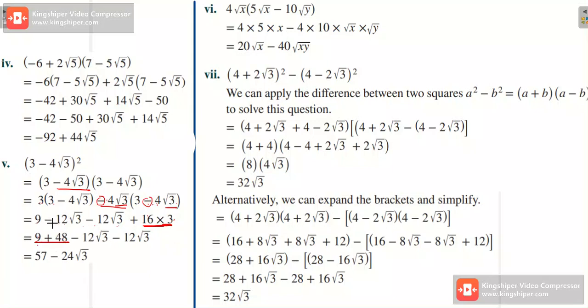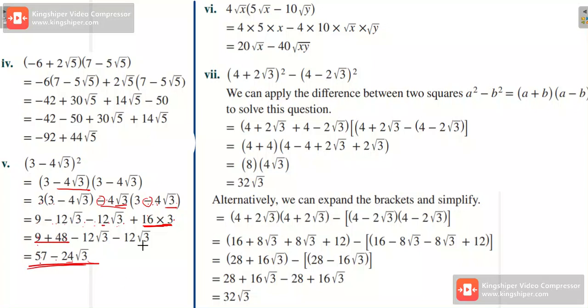Then we have negative 12 root 3, negative 12 root 3. So negative 12 and negative 12 will give us negative 24 root 3. Then the 9 plus the 48 is 57. So the final answer is 57 minus 24 root 3.